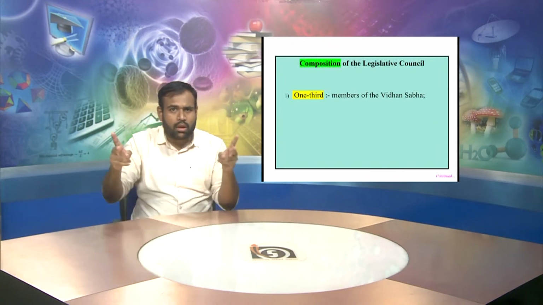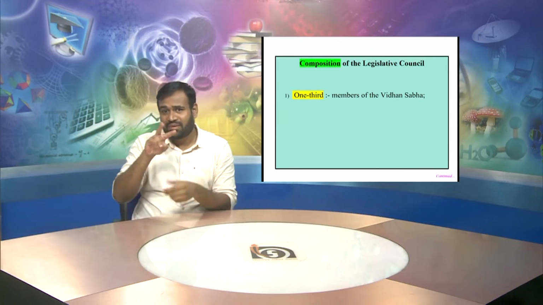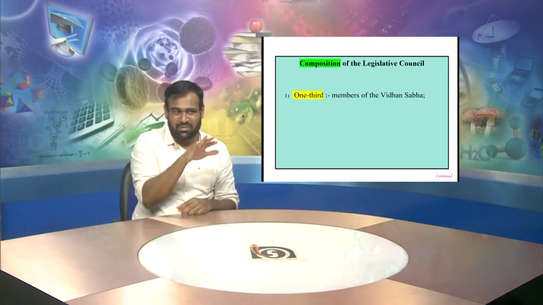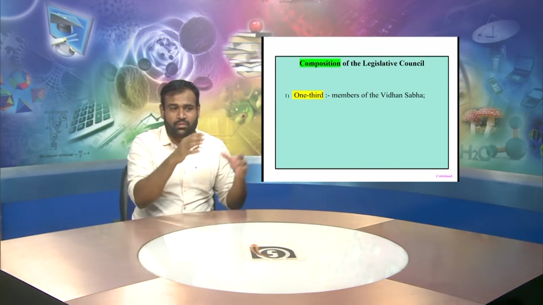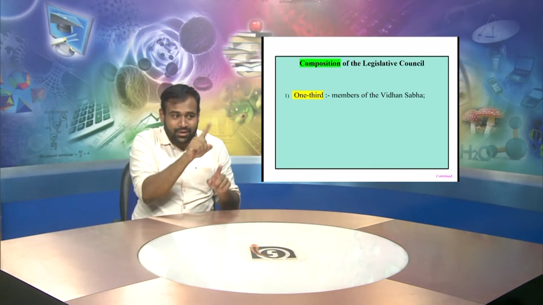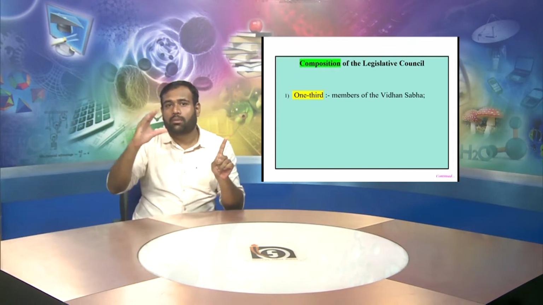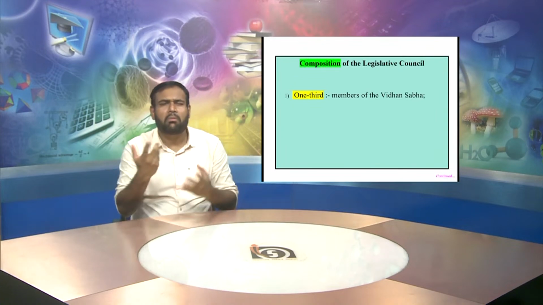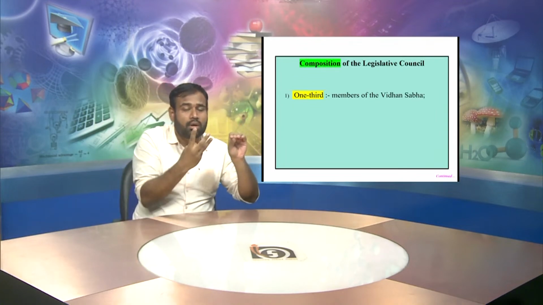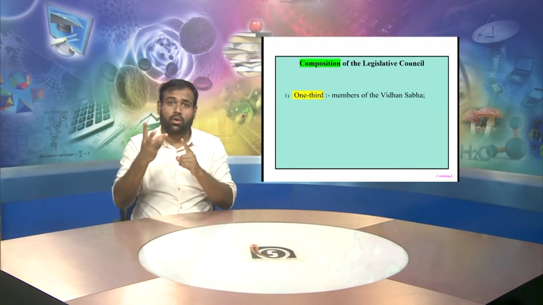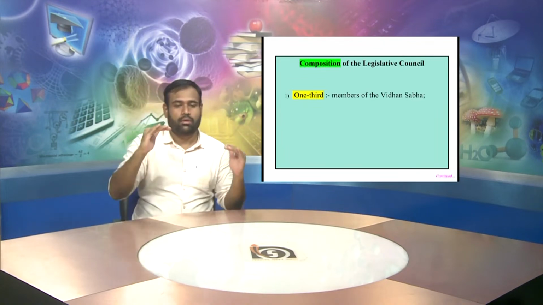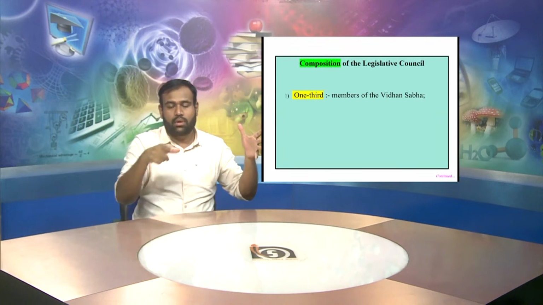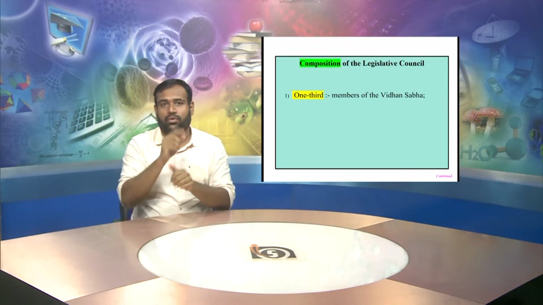Let us now understand the composition of the Legislative Council. In this, 1/3 are the members elected by the Vidhan Sabha, so the total composition would always be the same.